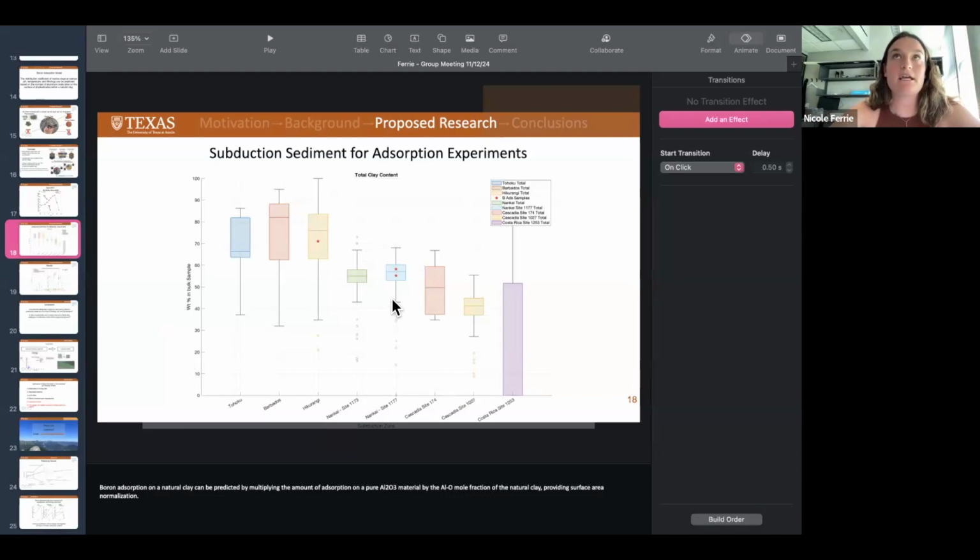I would really need to dig more into the XRD, to look at the different phyllosilicates within the clay, to answer that question. But for Nankai, based on just this figure, the clay content, I would say there is not as much variation within subduction zones as there is between subduction zones. But I would need to look deeper in the mineralogy to answer that question.